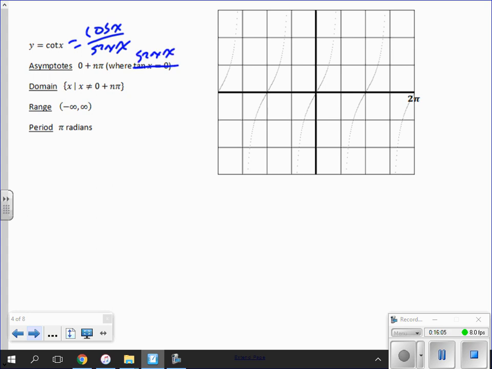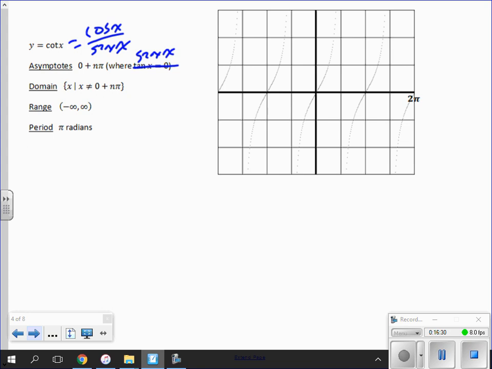You're going to have asymptotes wherever the sine is 0. If you know your sine and cosine values, you can find everything else. That's the hardest thing. If you can get the sine and cosines memorized, or not necessarily just memorize, figure out how to figure them out, because you know how the circle works. If you can find out what those values are, that can spit everything else out for you.